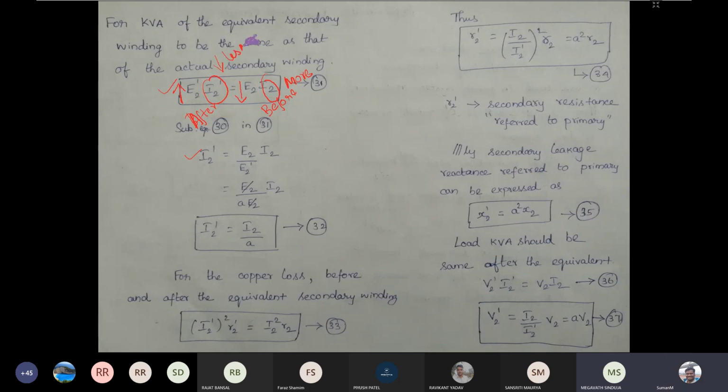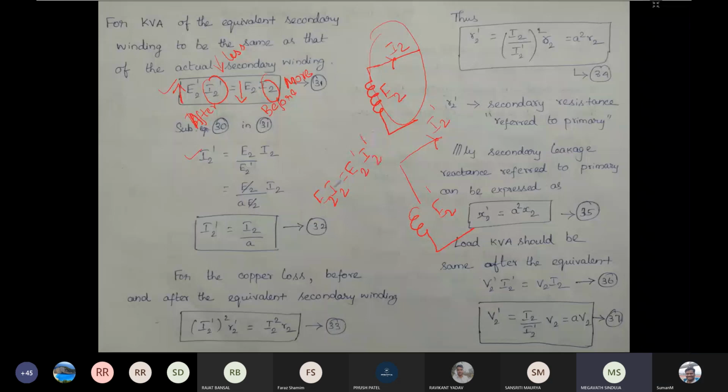Okay, so you understand clearly that for a constant power, when you want to do the modification on the secondary, this is on the secondary terminal itself. When you had E2, you had one current, that is I2. Now when you have E2 dash, that is the induced EMF on the secondary side, you are going to have I2 dash. Now the power given by E2 I2 will be equal to the power given by E2 dash I2 dash.